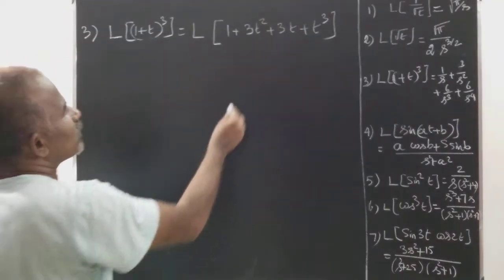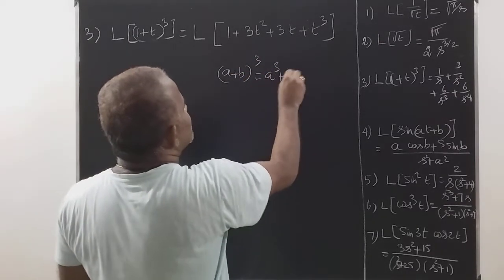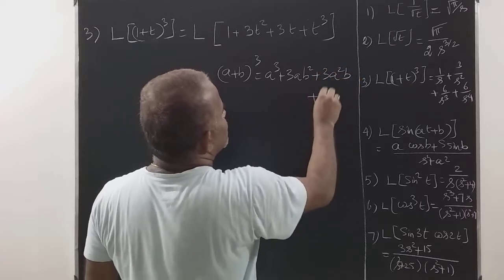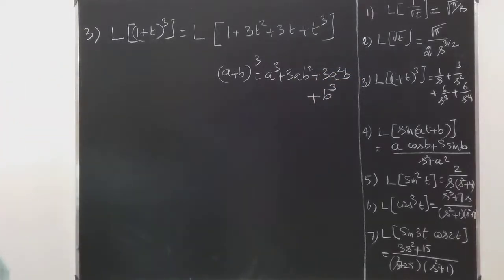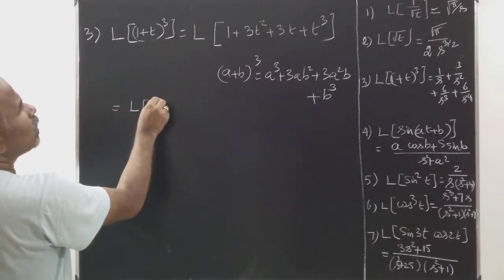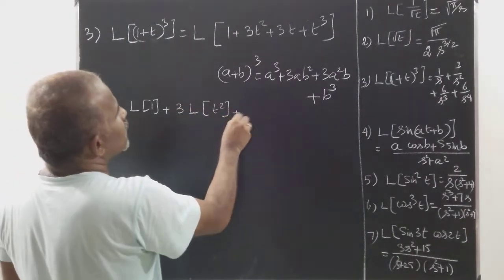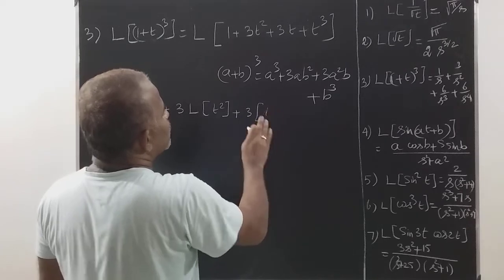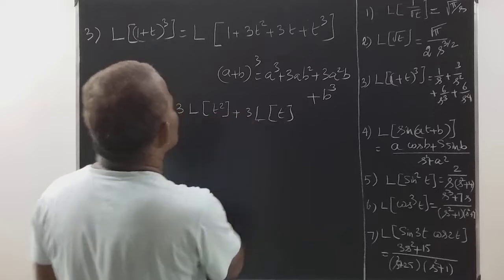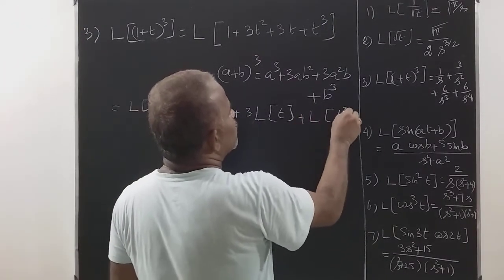So therefore, this becomes Laplace transformation of 1 plus 3 times Laplace transformation of t square plus 3 times Laplace transformation of t plus Laplace transformation of t cube.